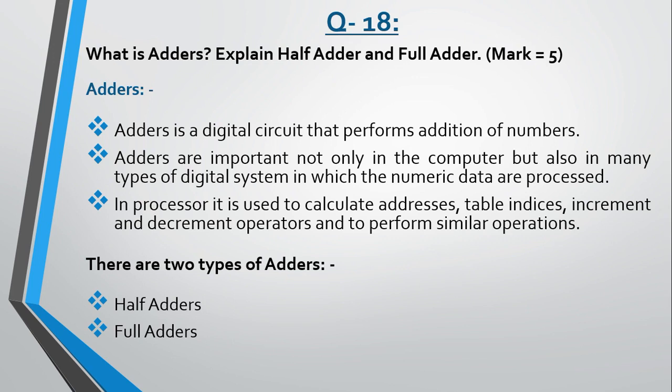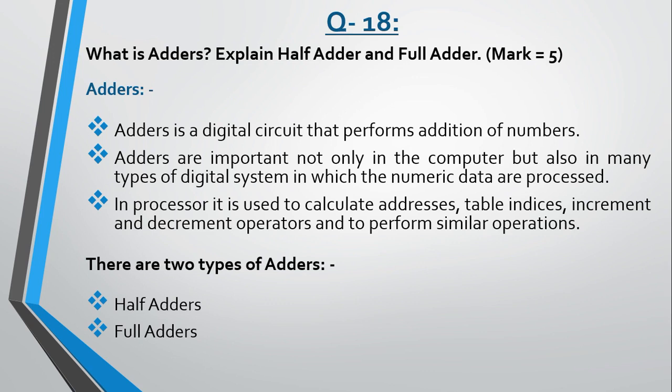They can be useful in the processor to calculate the address of memory, to create a table, to perform increment and decrement operations, or to perform any similar operations regarding the processor. So these are all the requirements of adders.